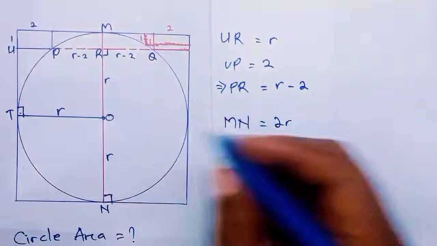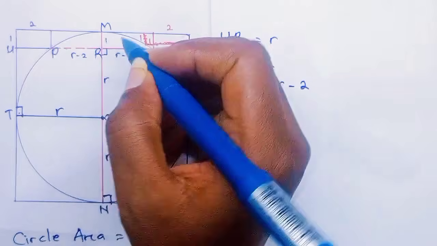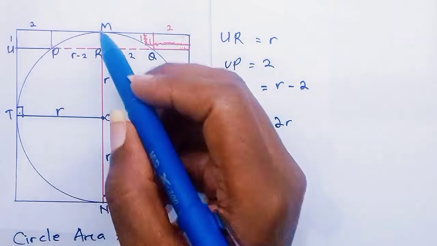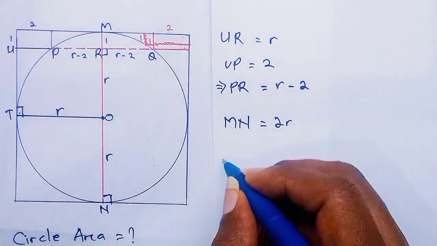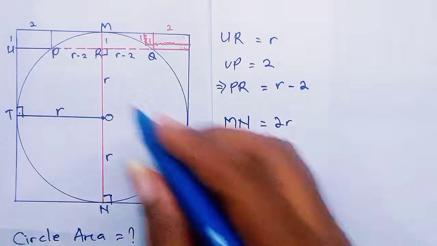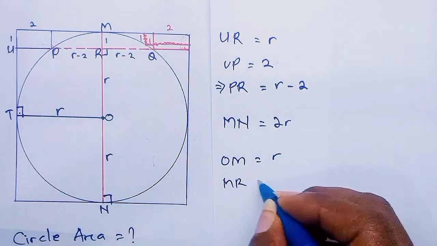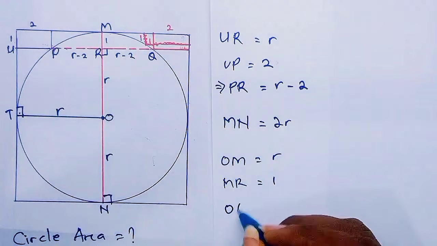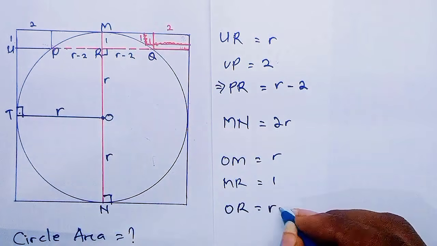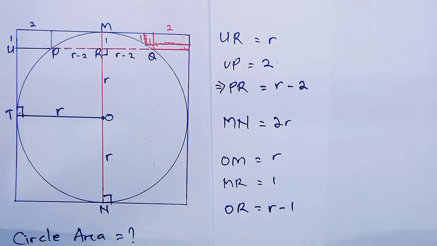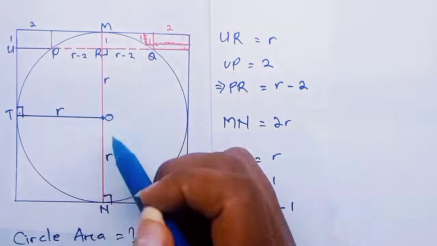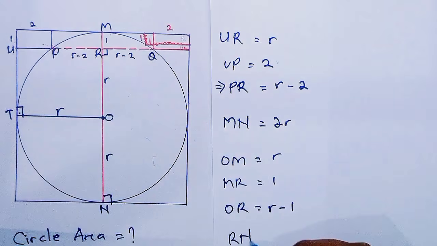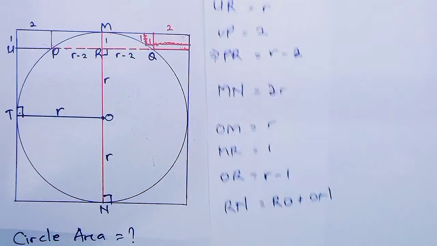Now, since MR from here to here is 1 and OM is R, so OM is R and MR is 1. That implies that OR will be equal to R minus 1. So if OR or RO is R minus 1, that implies that RN will be equal to RO plus ON.